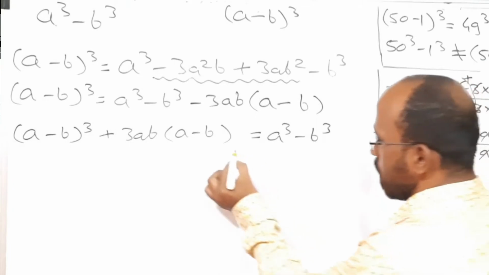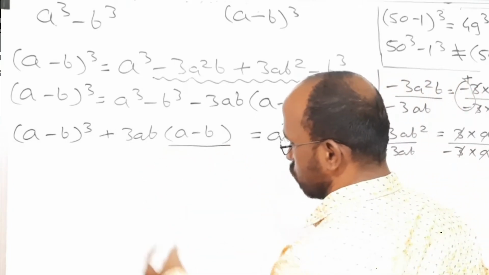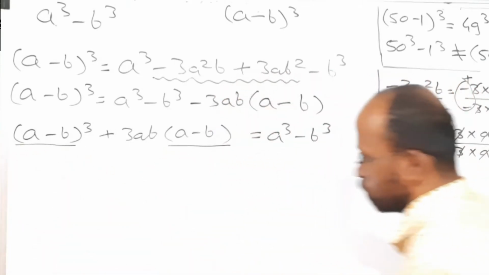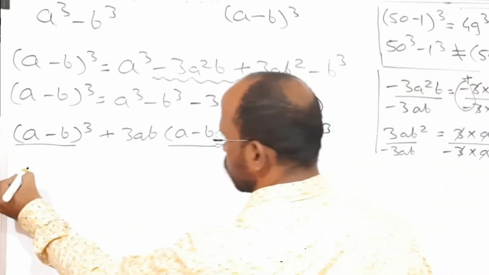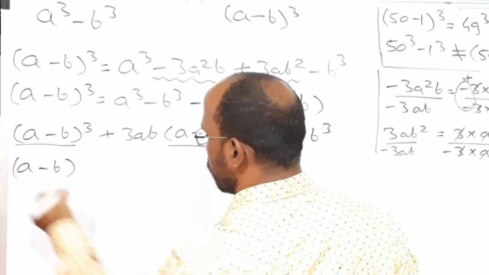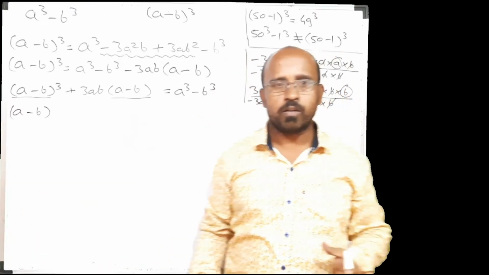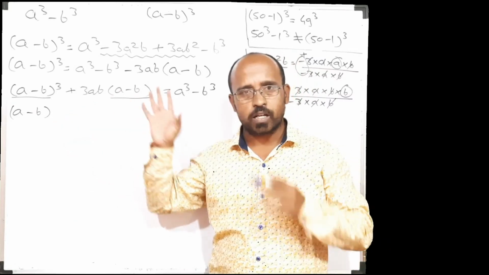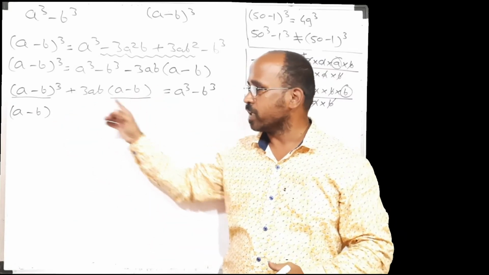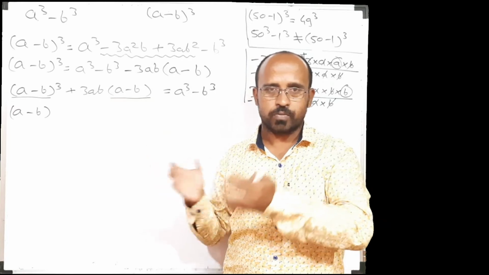Yes students, (a minus b) is in the second expression also and in the first expression also. So we can take (a minus b) common. So let's write (a minus b) as common. And what are we doing while taking anything common? Whatever we have taken common, by that we are dividing the factors from which we have taken common.